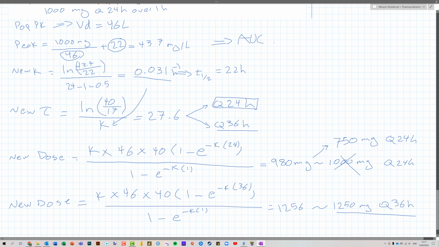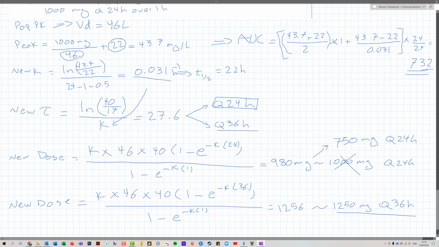So if we calculate what AUC the patient had achieved, the peak is 43.7 plus the trough, which is 22, divided by 2, and this is times the time of infusion, which is 1, and then plus the difference between peak and trough, 43.7 minus 22, divided by K, which is the new K, 0.031, and all of this you multiply by 24 divided by tau, which was 24 here, and this will give you an AUC of 732.